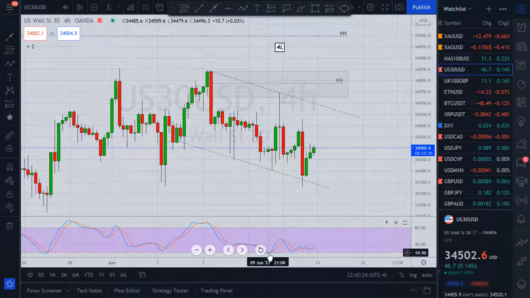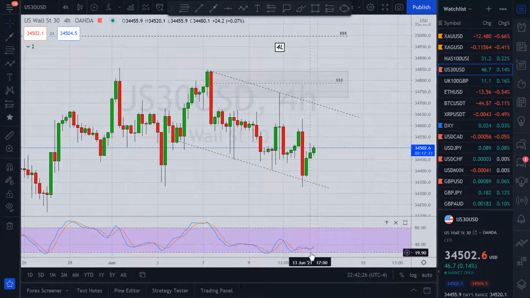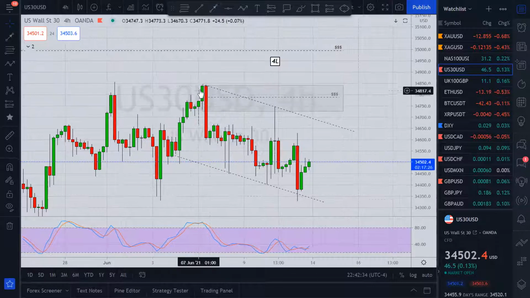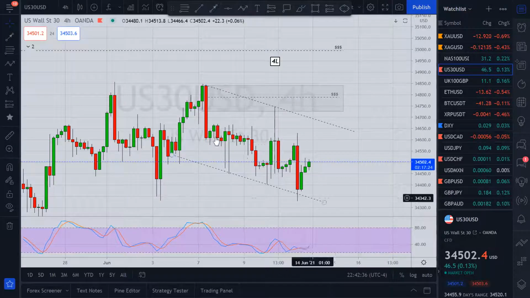We've been dwelling on the stochastics, flirting with the area of being oversold. And I'm looking at the 4 hour right now. We got a little channel action going here, and we're at the bottom of it. We're finding support there, and it's starting to flirt on up.